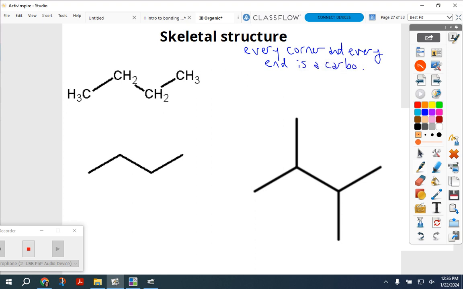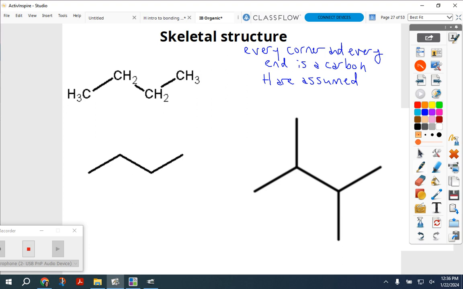And we are assuming the hydrogens. The hydrogens are assumed. So if you don't see anything that says that there's anything other than hydrogens attached to this carbon, then it's just hydrogens. Anything else will be shown directly on the structure.